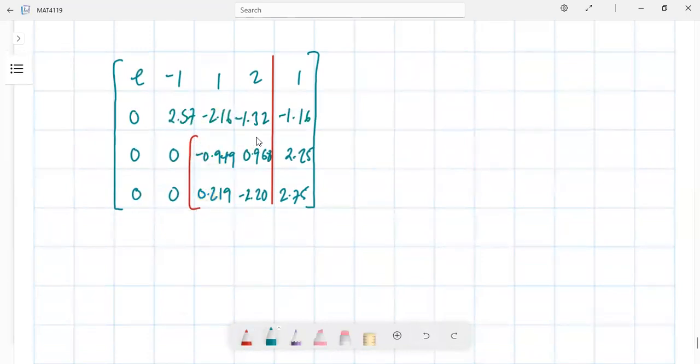So again, we need to find the maximum of what? The elements there. So we're going to divide 0.949 by its scaling factor, remember? And what is our scaling factor?